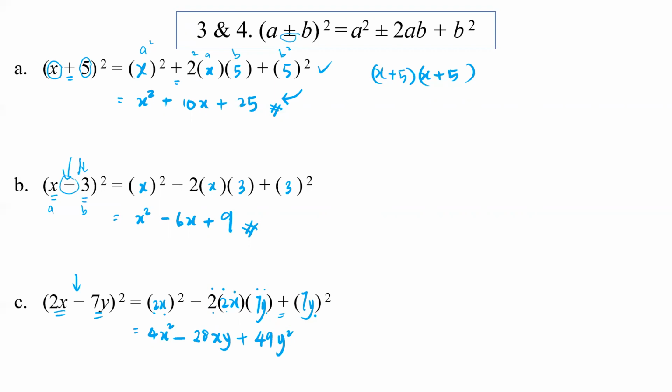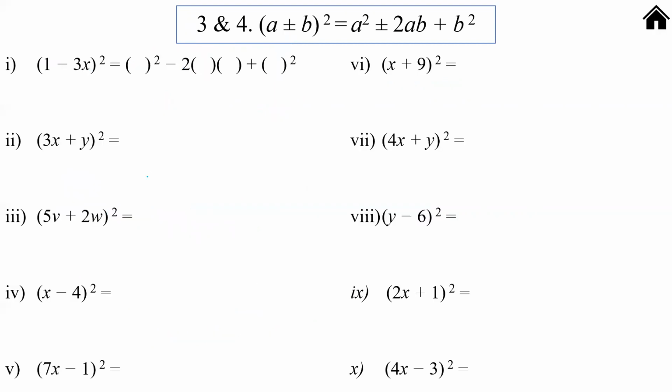Now, once you are familiar with the formula, we can do the fast track. For the first one, I still do the formula. 1 minus 2 times ab, 1 and 3x, plus b squared, which is 3x. Then we have 1 minus 6x plus 9x squared.